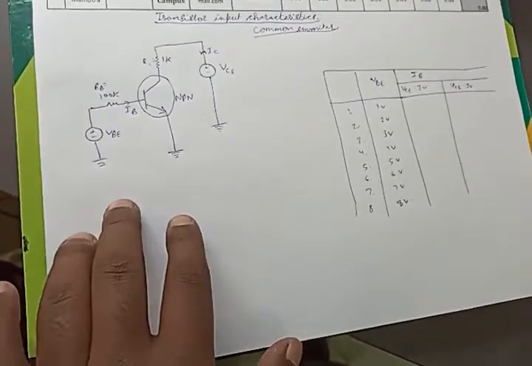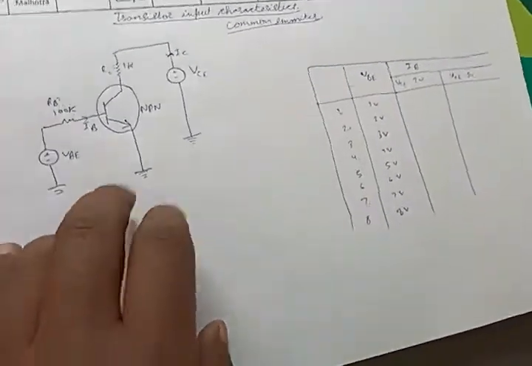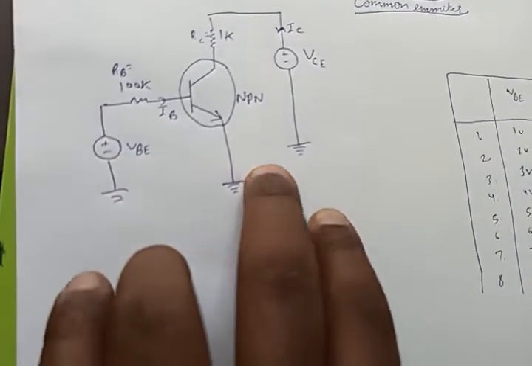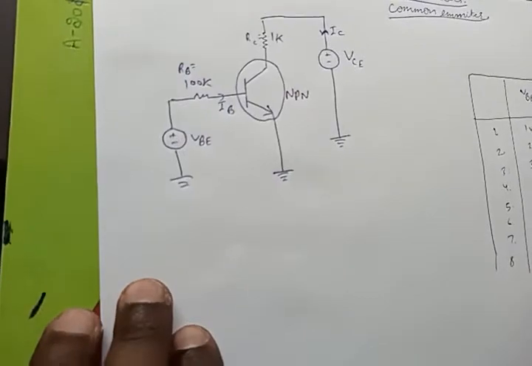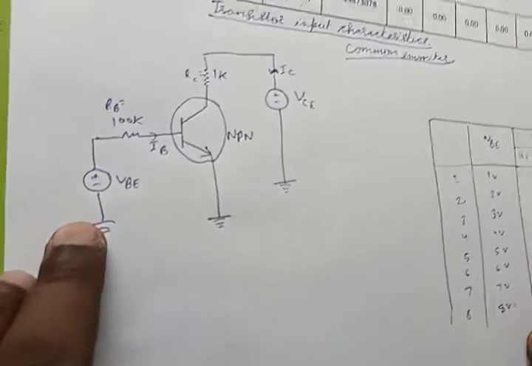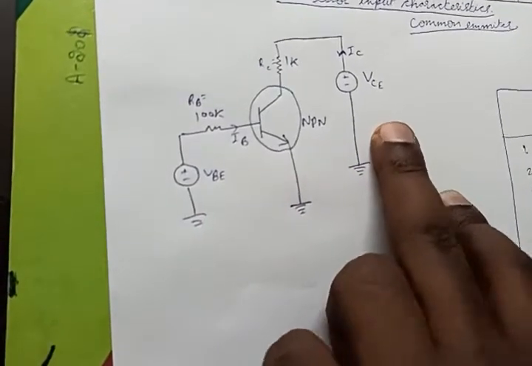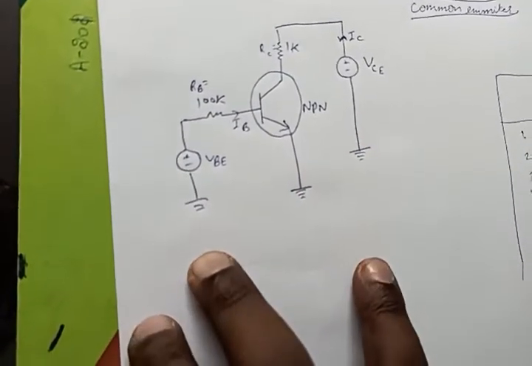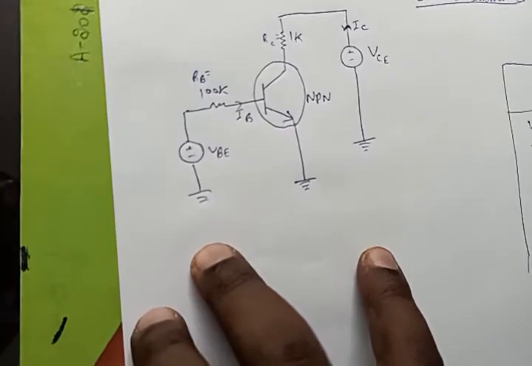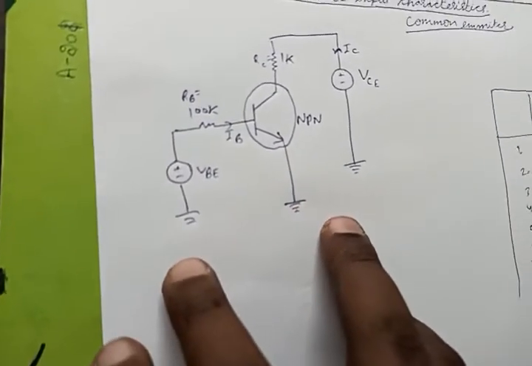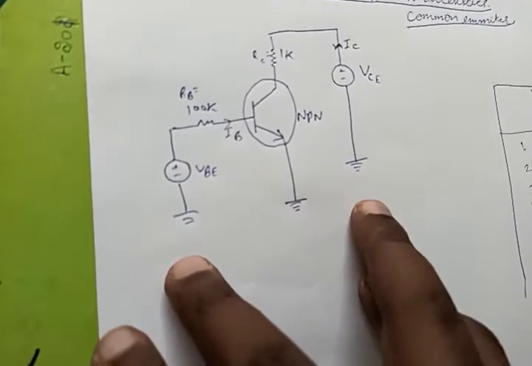So this is our circuit. Here we have an NPN transistor, here we have a power supply of VBE, and here we have a VCE. You can see I have a grounded emitter, with its input and output.